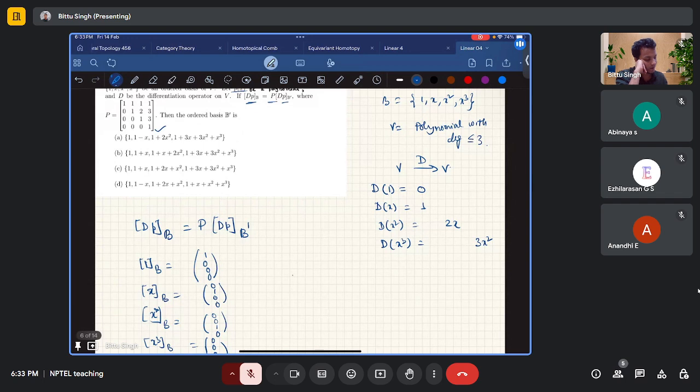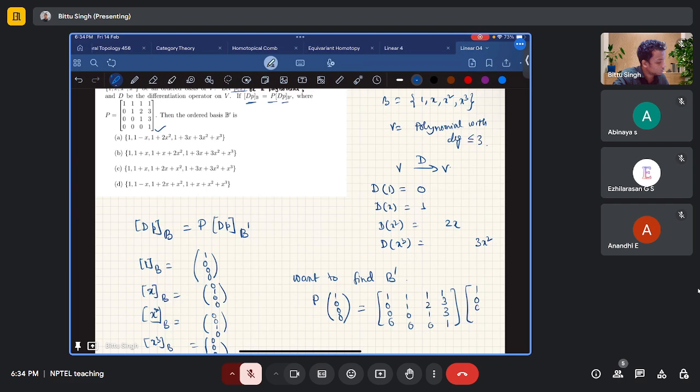So we want to find B dash. So how can we find B dash? It is just apply P on those E1, E2, E3, E4. So P applied on E1, 1 0 0 0, it is same as the matrix 1 0 0 0, 1 1 0 0, 1 2 1 0, 1 3 3 1, applied on 1 0 0 0.